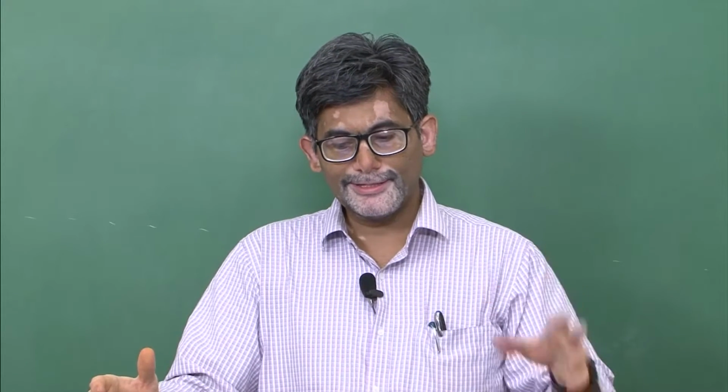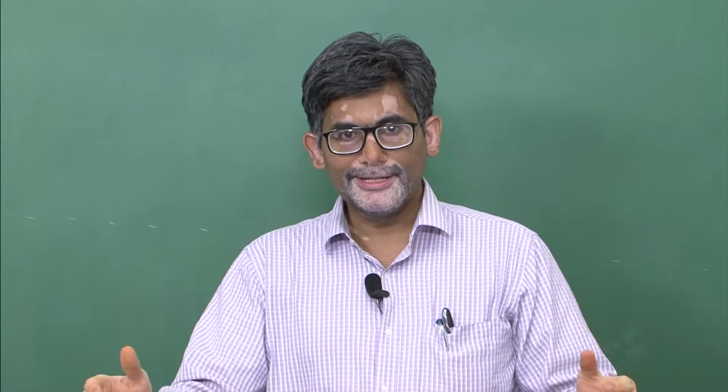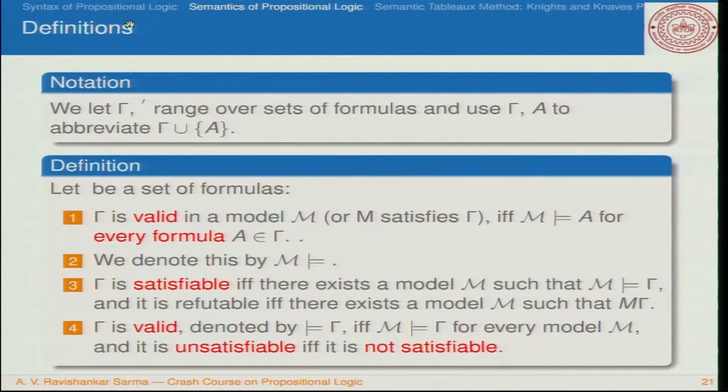If and only if there exists a model M such that gamma is a logical consequence in that particular model M, and it is refutable if and only if there exists a model M such that gamma does not follow from M. Gamma is considered to be valid, which is denoted by gamma follows from a model M, if it happens for every model M, and it is considered to be unsatisfiable if it is not satisfiable at all.